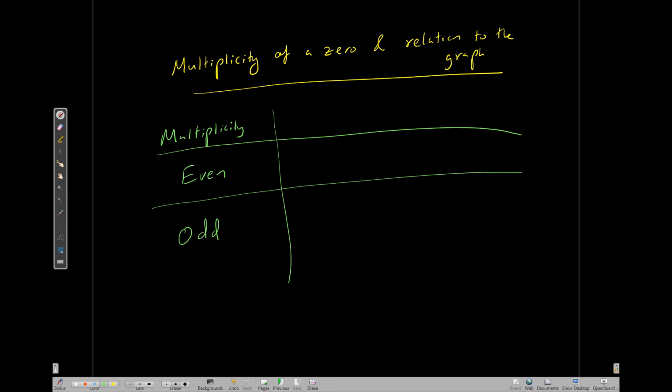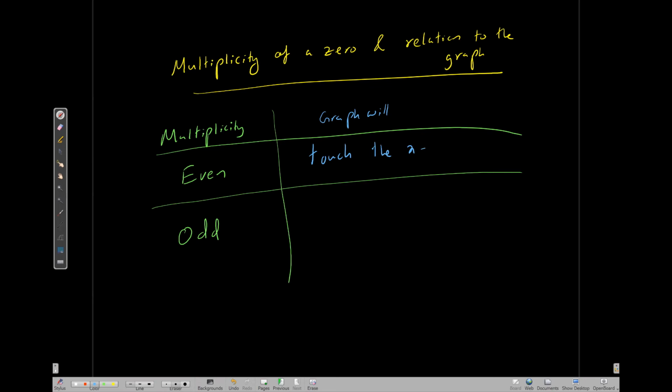Now, if the multiplicity is even, what will happen is our graph will touch the x-axis. So touch and go.